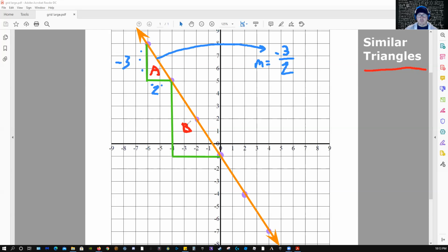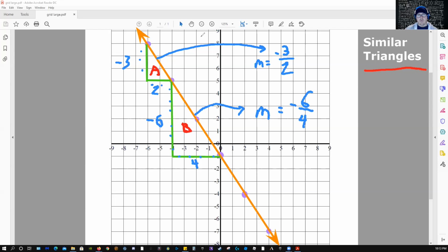Now, for triangle B, 1, 2, 3, 4, 5, 6. So it goes down 6, 1, 2, 3, 4, and over 4. You'll notice its slope is -6/4.